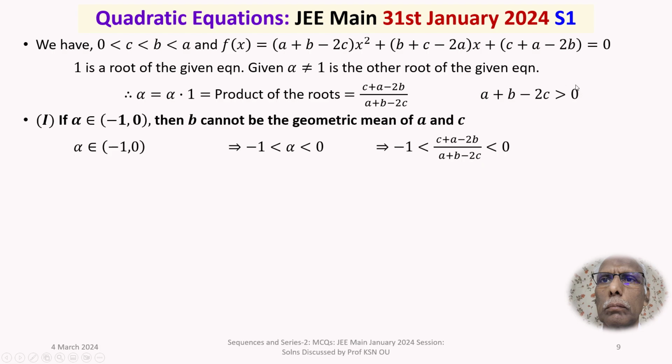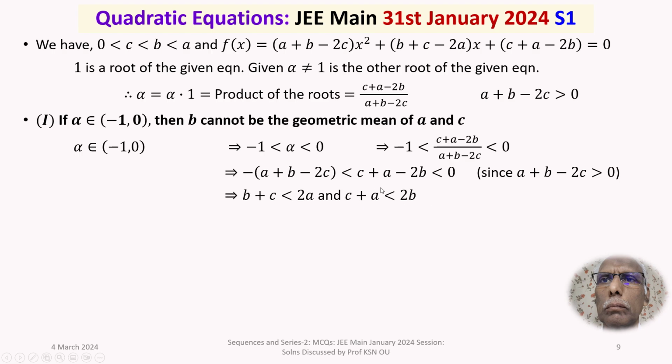We have already seen the denominator is greater than 0, so multiply throughout; the inequality is maintained. That gives minus (A plus B minus 2C) less than C plus A minus 2B, the numerator, less than 0. Now take the first part, and at the other time take C plus A minus 2B less than 0. This gives C plus A is less than 2B.